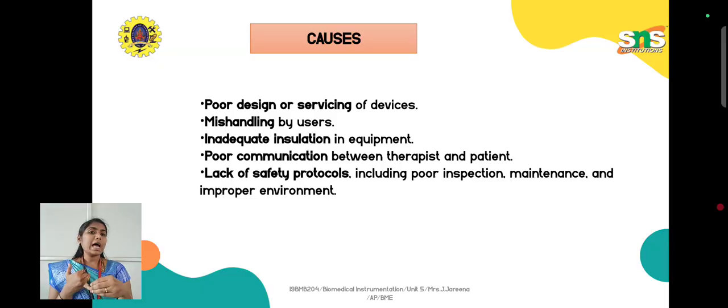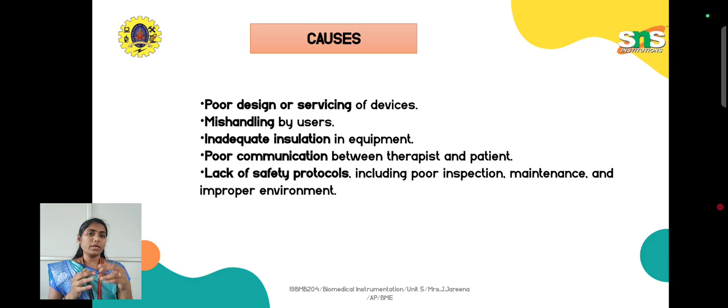Mishandling by the user is another case we have to be very careful about, because for whatever medical device we are using, proper training and skills have to be provided to the concerned person, whether nurse, physician or doctor, before using that device. Mishandling can also end up with current flow to the patient, so the patient has a high chance of getting shock. Another cause is inadequate insulation in the equipment.